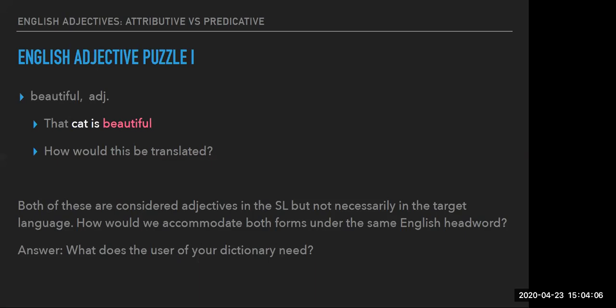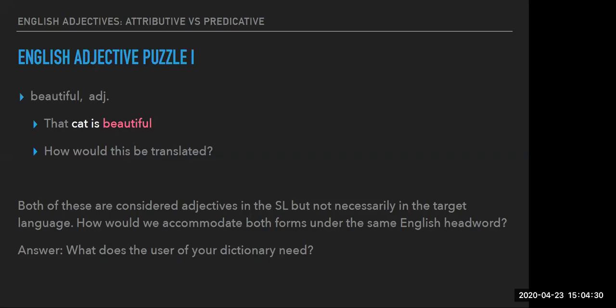I'm just wondering, Nova's question, but would that also depend on the language? Because in a language like Bangla, there's not much difference between the attributive and the predicative adjective, right? But with a language like Tamil, I believe it's necessary. Yes, exactly. So of course, the issues are very language specific.